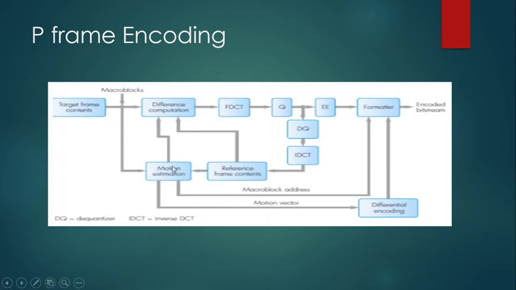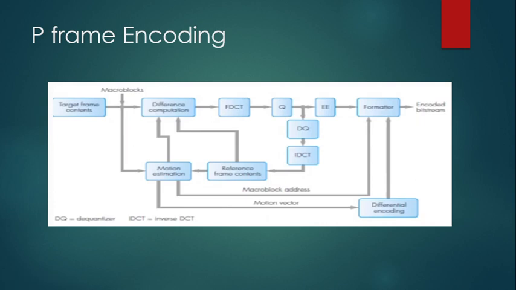So after the difference computation, what are we going to have? We have a motion vector. This vector is indicating how much the object has moved, or whether there is any difference when we computed the difference. So that is specified by the motion vector, and the macro block address is the starting address of that particular block. So these alone are now being transmitted. So we are transmitting only fewer pixel values.